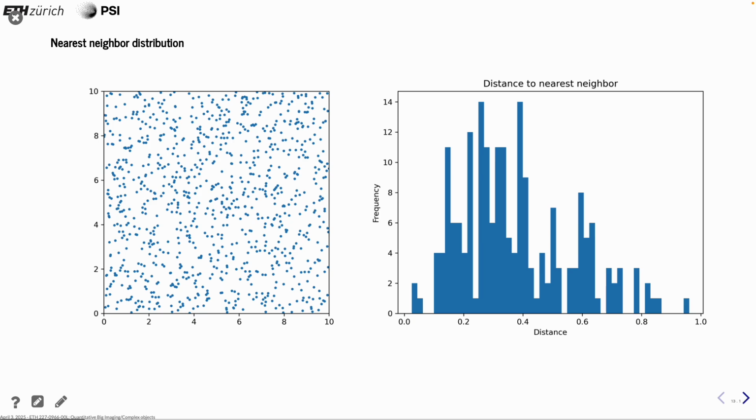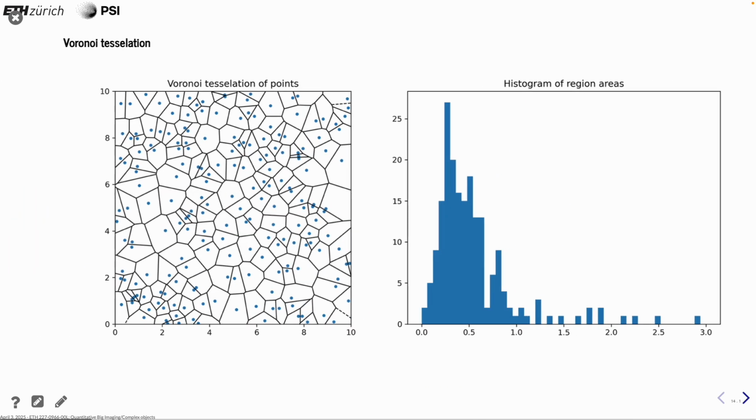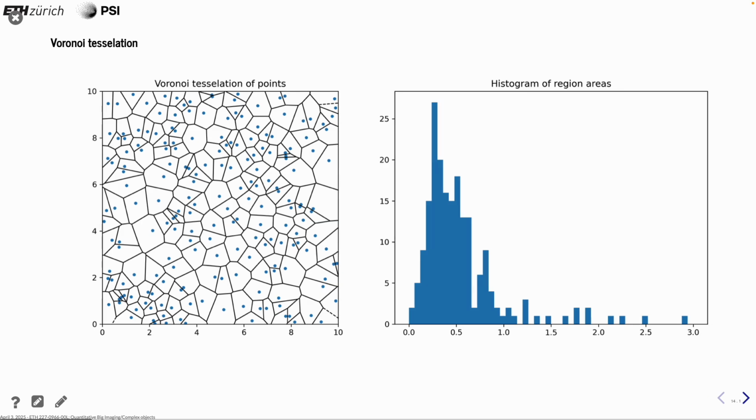What we also could do is try to find how many neighbors, but that's not so easy. How do you define the neighbors? So instead, what we can do is the Voronoi tessellation, and that creates a map like this. What is particular with this one is you try to put lines between where the distance, so each area here, all these points in this area are closest to this point.